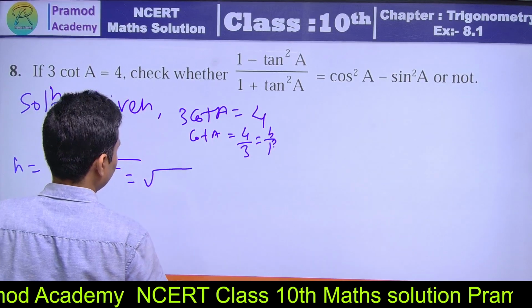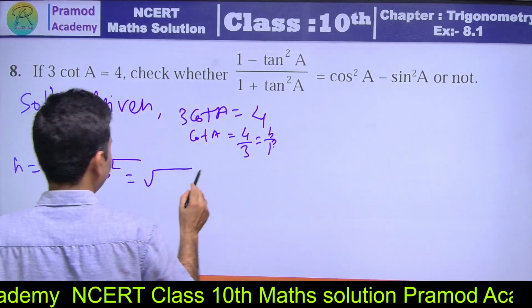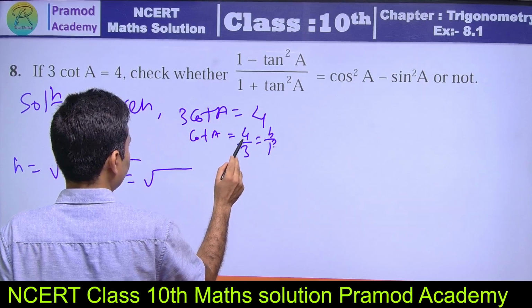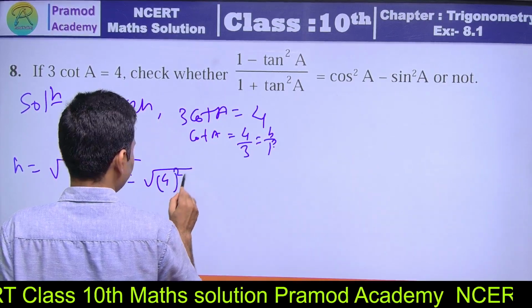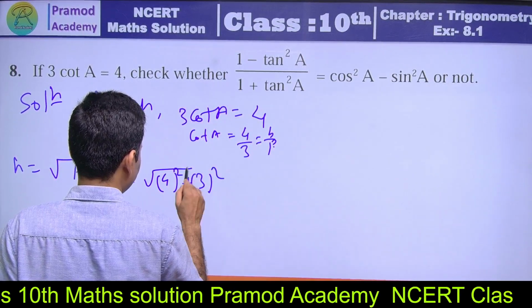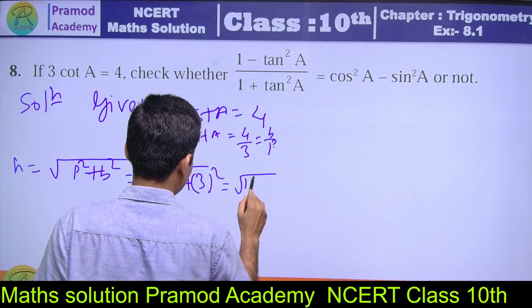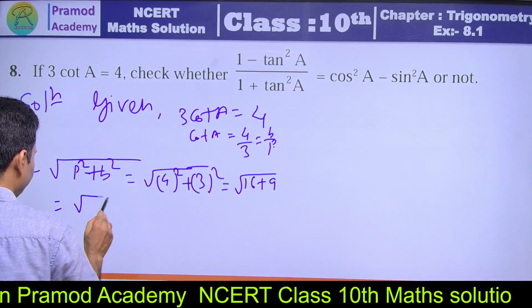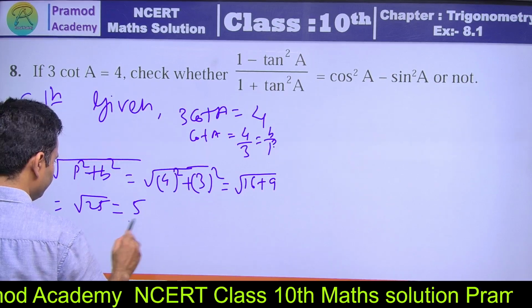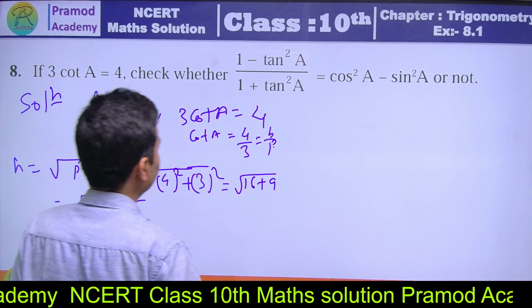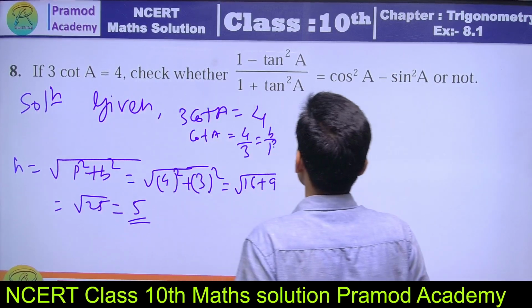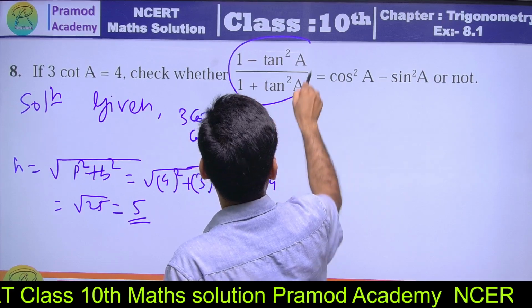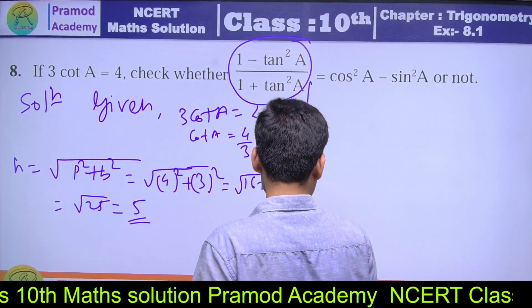So 4 square plus 3 square, 16 plus 9. So root 25. So the value of h is 5. Now in the expression, first I will write the LHS, then RHS.